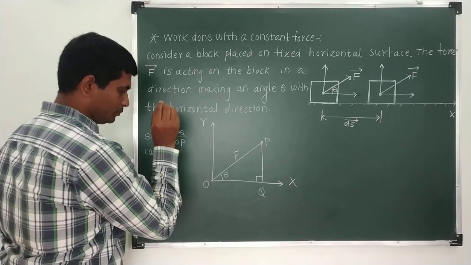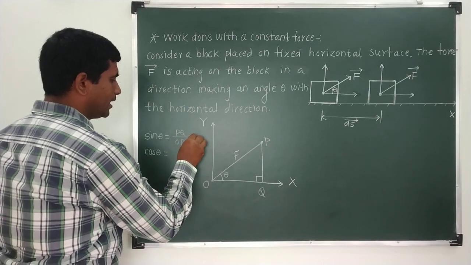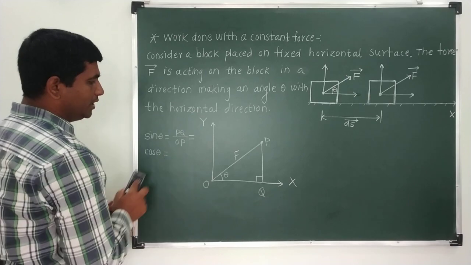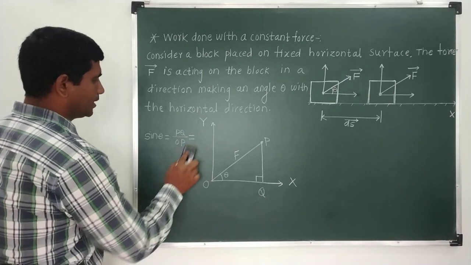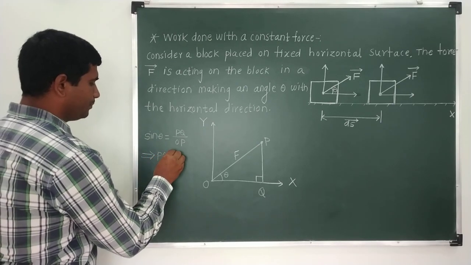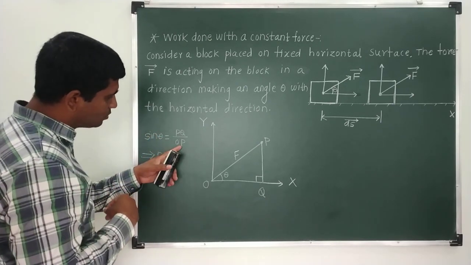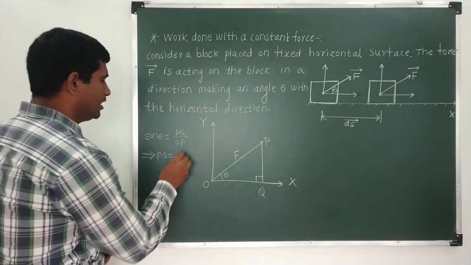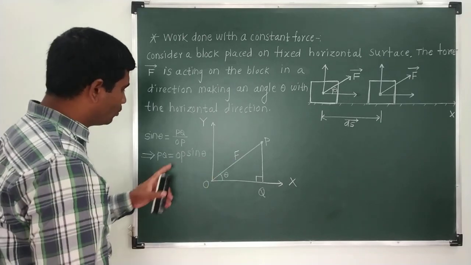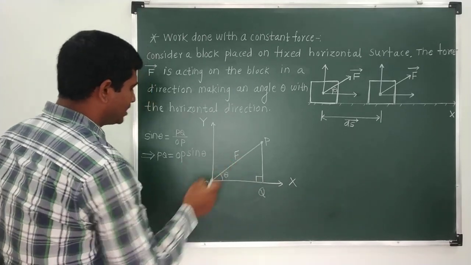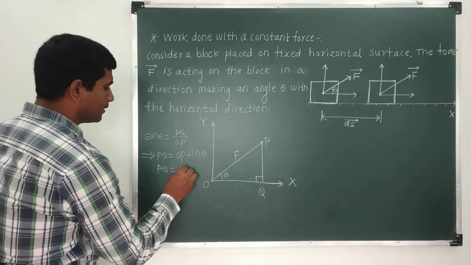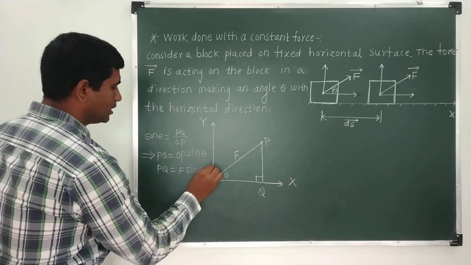From this I can rewrite, if I transfer this OP to the other side, it gets multiplied with sin theta, so PQ is equal to OP sin theta. The magnitude of OP is F, so PQ is equal to F sin theta.